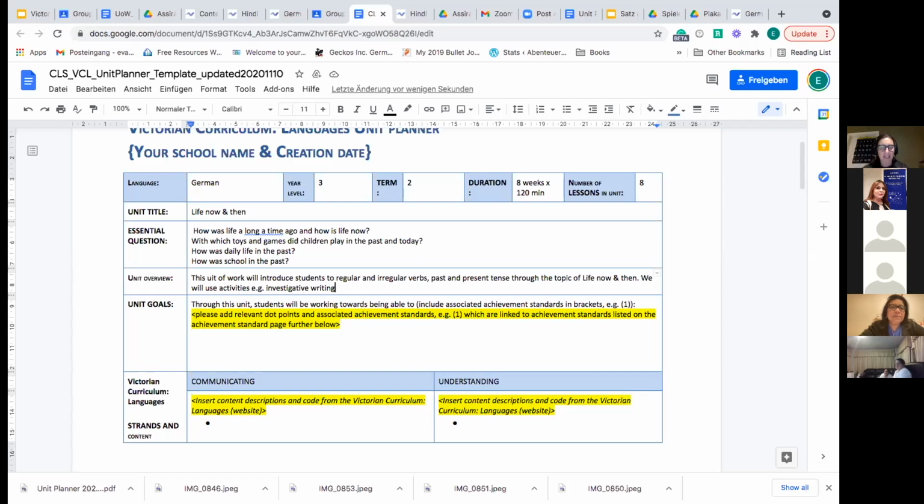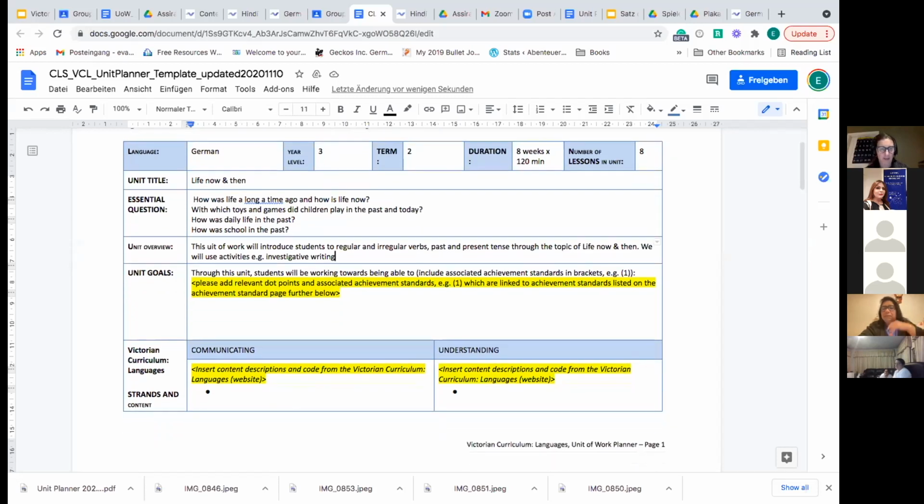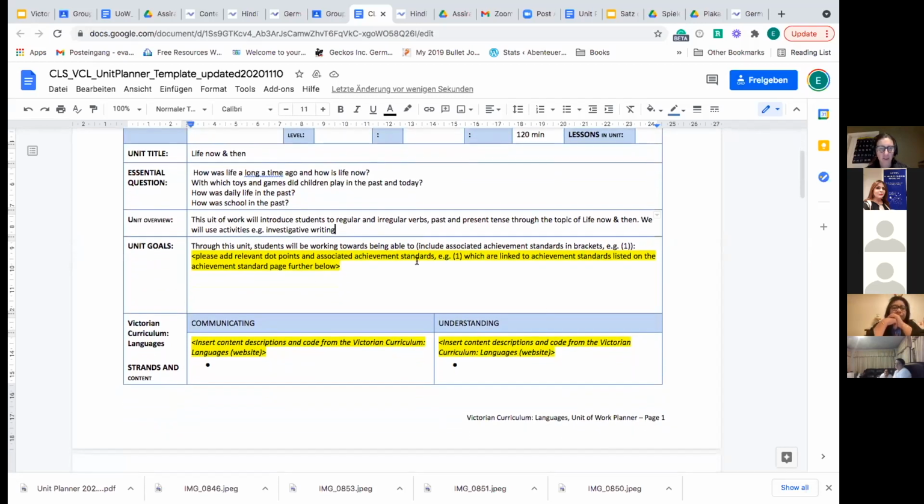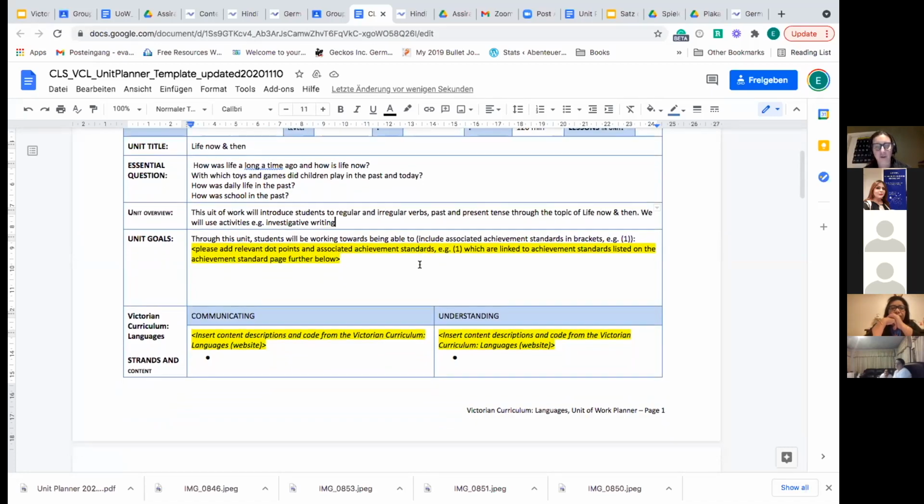So we investigate with the students about the past. So they have to set out a survey, they have to write the survey, they have to record the answers and then make sense out of it. So there's a lot of thinking, discussing, and also writing involved. And they have to use regular and irregular verbs doing that, and they use past and present tense to do that.